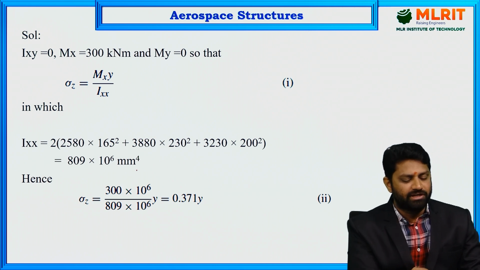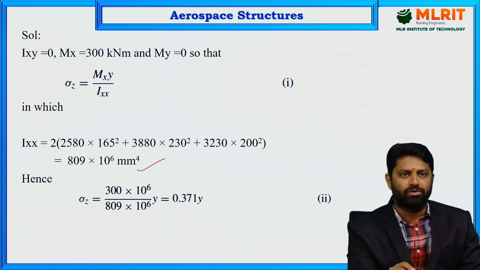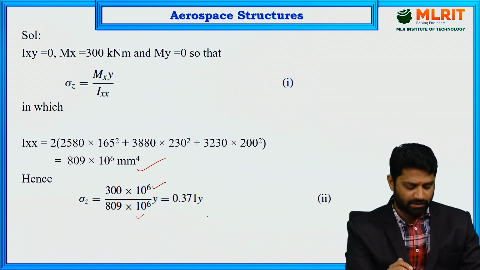So the moment of inertia we got here is 809 into 10 to the power of 6 mm to the power 4, and after substituting, sigma z equals mx, that is 300 into 10 power 6, over Ixx equals 809 into 10 to the power of 6, into y, and that will be equal to 0.371 into y.